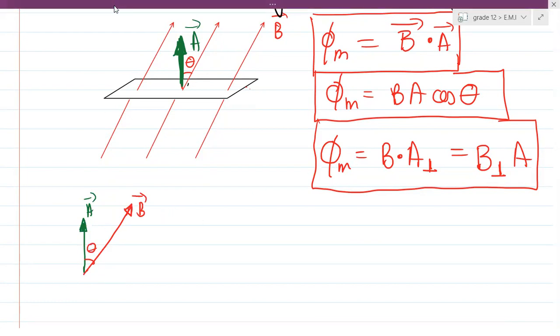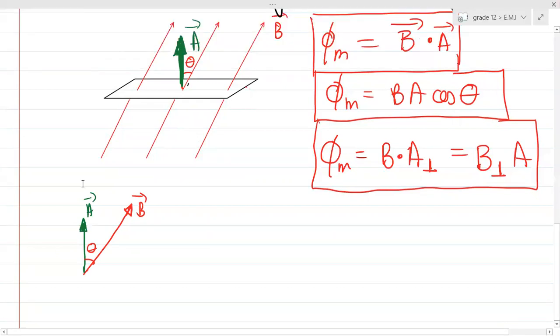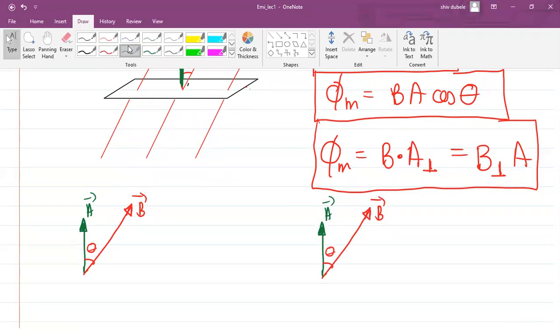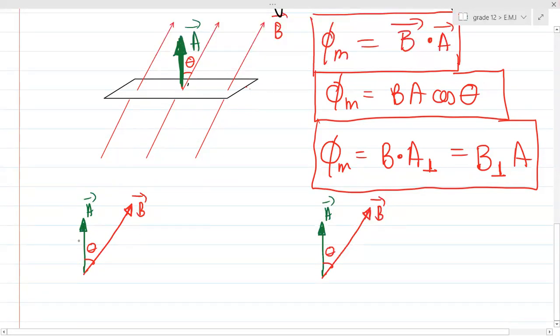Either you can resolve this area vector into two components: one perpendicular to B, and one parallel to B. So A parallel and A perpendicular. What is this A parallel?